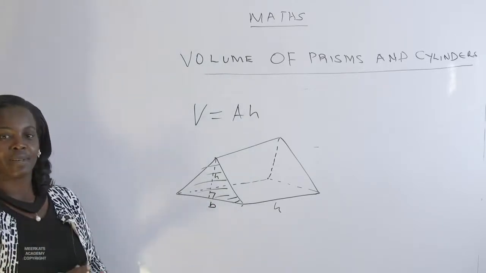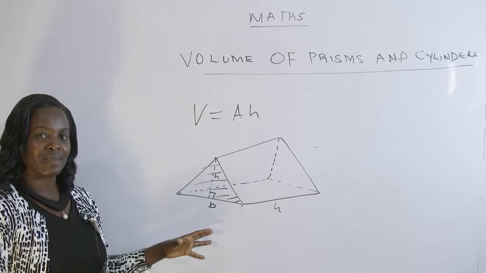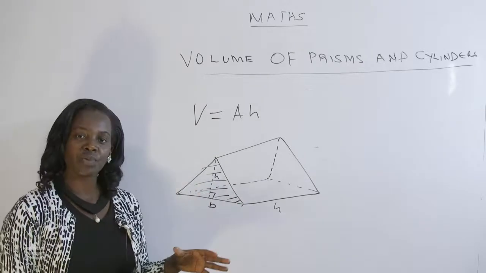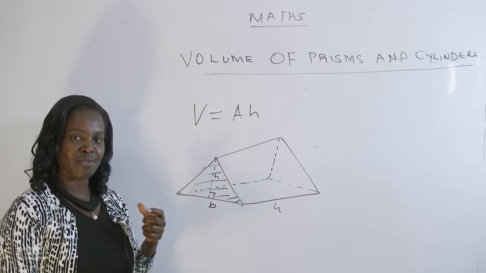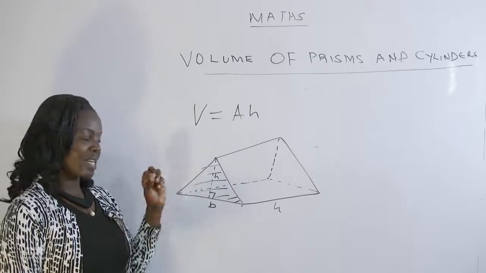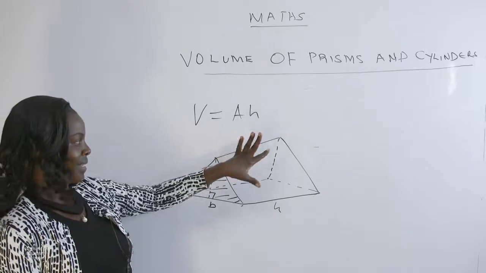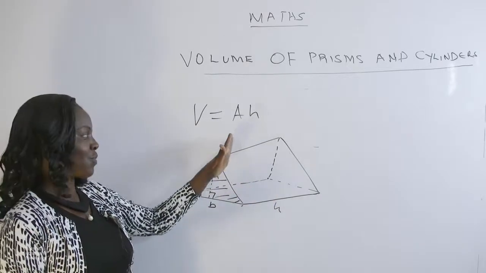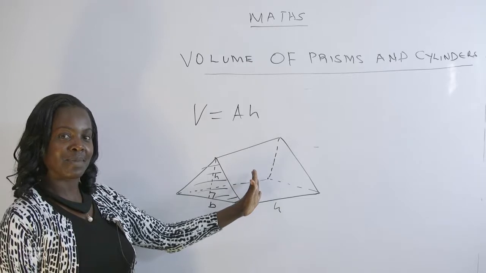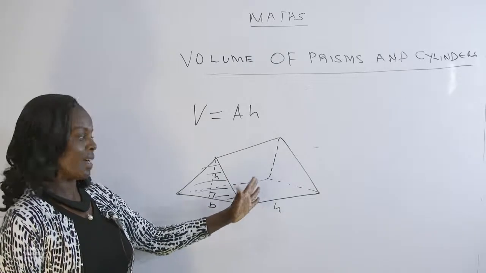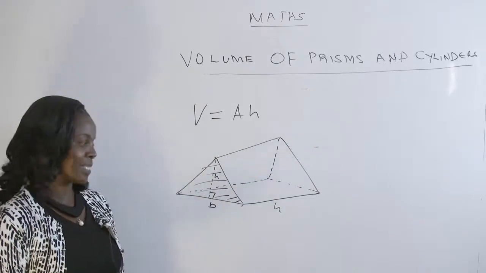So if we have a rectangular prism, the first thing that you need to identify is which side will form the base. You should identify the side that, even if you cut at the center, you will find a shape of the same size as the ends of that prism.